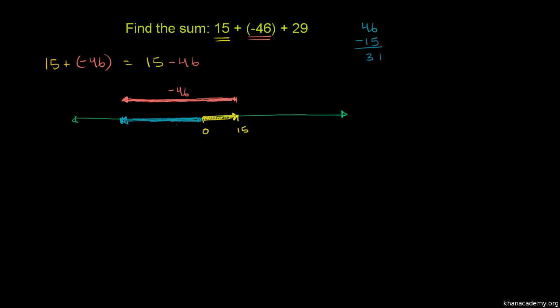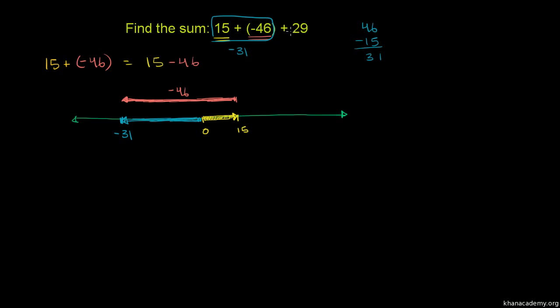So the length of this is going to be 31. And it's going to be 31 to the left of 0. So this is going to be negative 31. So we know that this first part over here is negative 31.